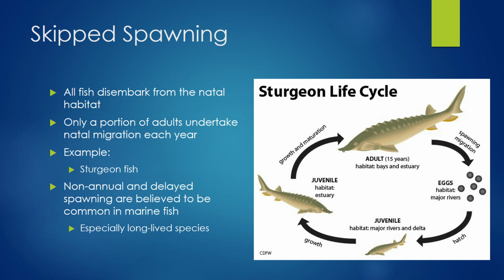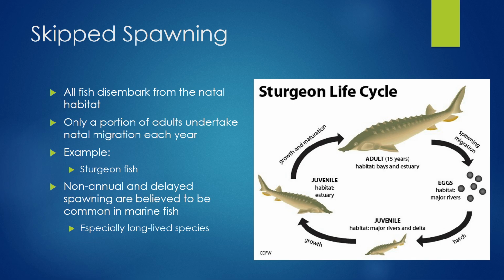Skip spawning is something that occurs when all the fish of a species disembark to the natal habitat as a mature adult. Only a portion of the adults will take this natal migration every year. An example of this would be a surgeonfish. They begin their life as an egg in a major river, and as they hatch into a juvenile, they spend their time in these rivers and then in deltas.